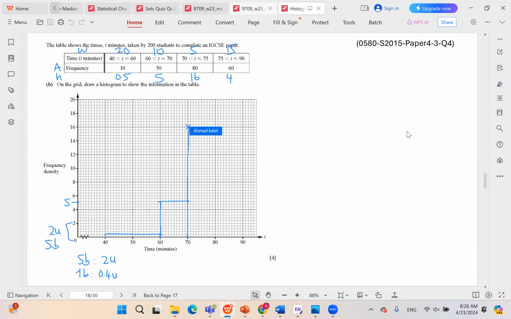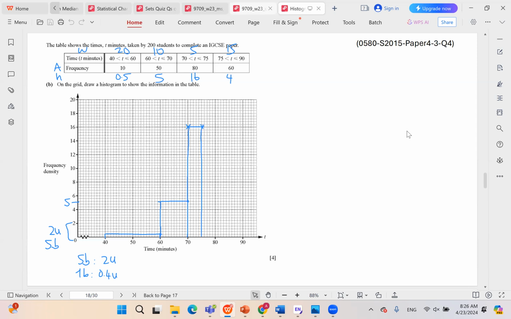There should be no spacing between the bars, of course. And then this ends at 75. So it ends halfway through. 1, 2, 3, 4, 5. It ends here. And we draw our vertical line. Finally, the last box goes from 75 to 90, and it is at 4.